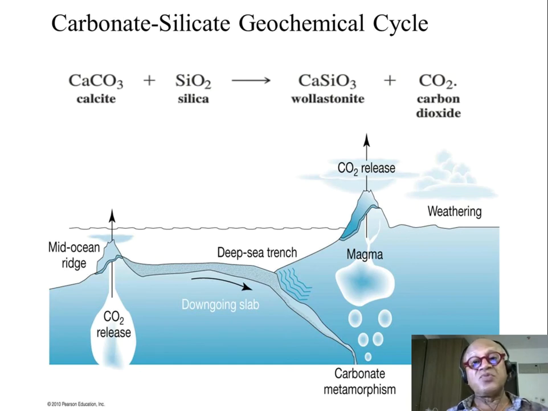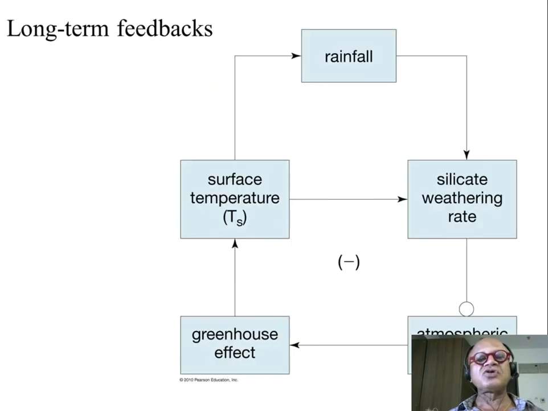So volcanoes are putting back things on geologic timescales as well. Okay, so this is the coupling between silicate weathering on land, calcium carbonate precipitation in the ocean, and the carbonate silicate geochemical cycle from the bottom of the ocean back into the continental crust or volcanoes, exposed rocks, and so on and so forth. So that's a very long-term balance, which is important nonetheless.